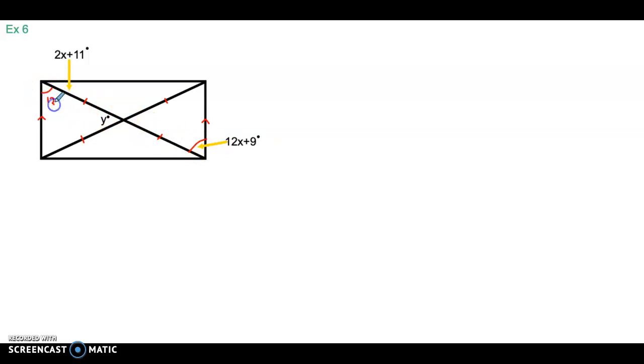So I'm going to switch this 12x plus 9 up to here. Now, these two angles right here, it's a rectangle. That's 90 degrees. So that's where we're going to start. 2x plus 11 plus the 12x plus 9. Those two angles add up to be the right angle of 90 degrees.